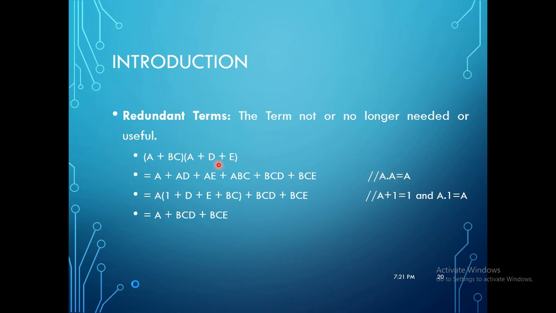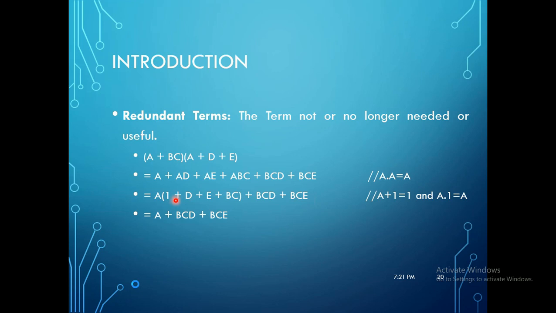Same way here, take A outside, since A is common, and then you do the expression like this: 1 plus D plus E plus BC into A, plus BCD plus BCE.